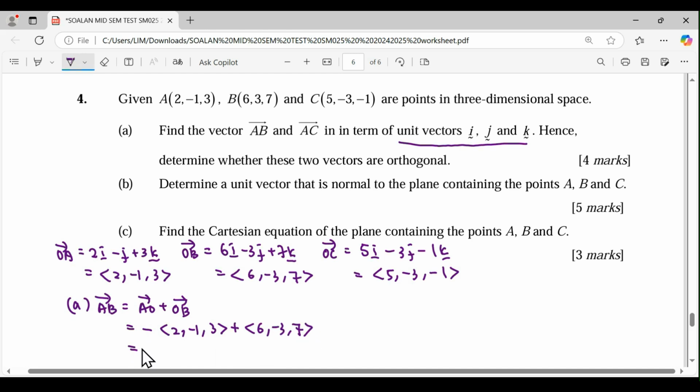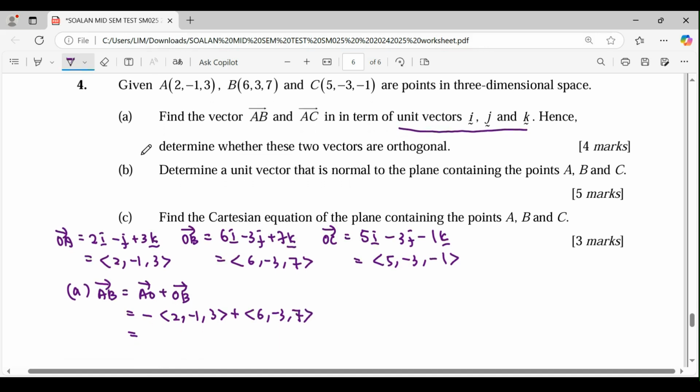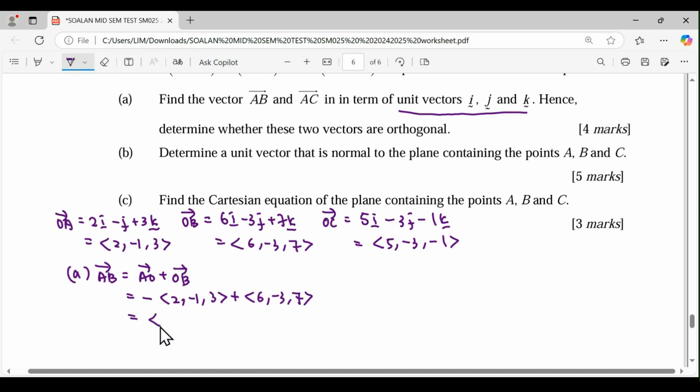So once you operate it, you will get 4, 4, and then 4. So this answer will not be accepted because they already mentioned in the vector of ijk. So 4i plus 4j plus 4k. Here we have our AB, and we continue with AC.